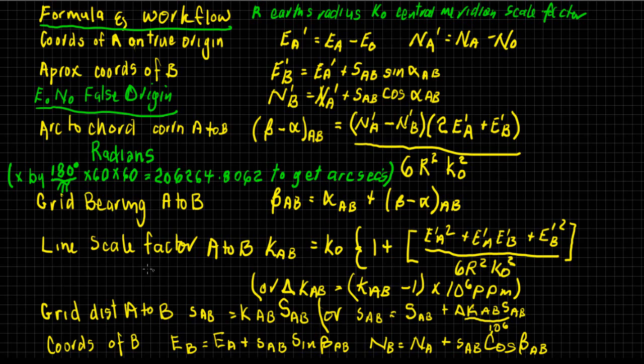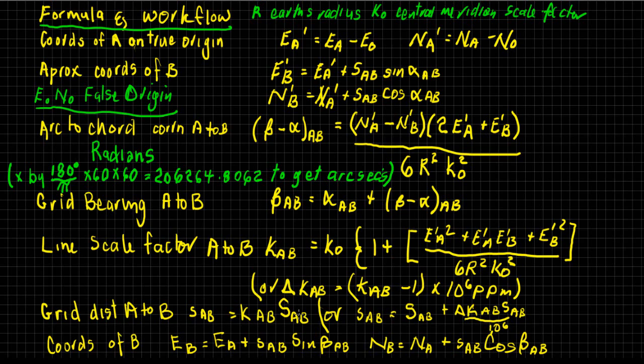Now we also move ahead with the line scale factor A to B, which we can determine as a scale factor, or by going through a little process we can convert it into parts per million. So the grid distance from A to B equals the scale factor times the ellipsoidal distance, which is shown here.